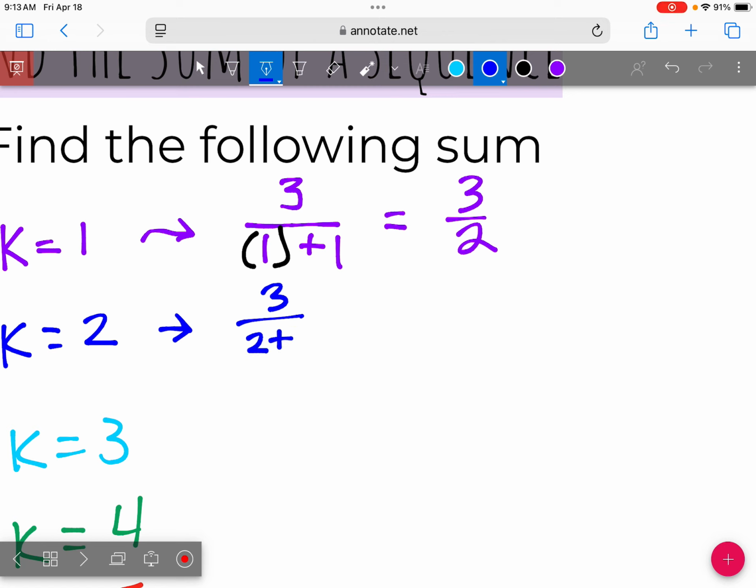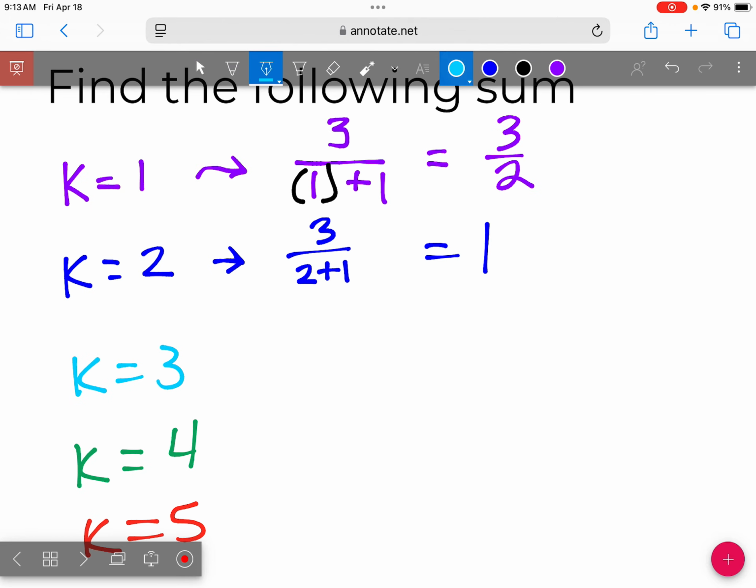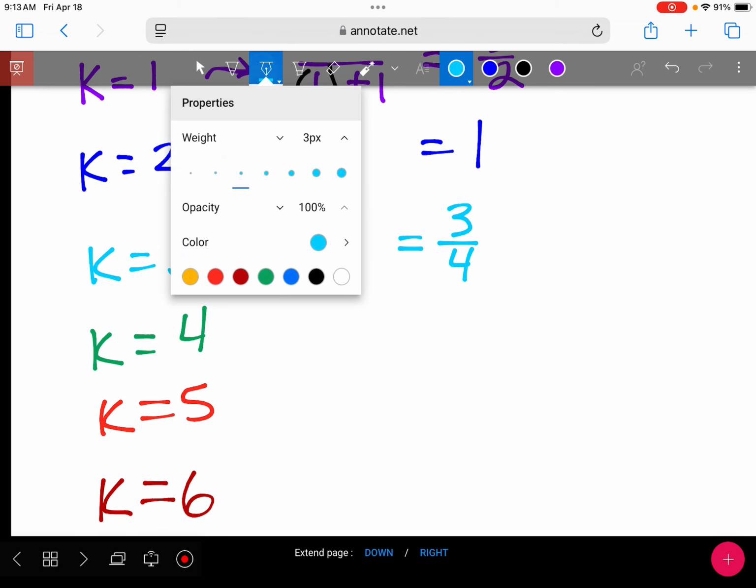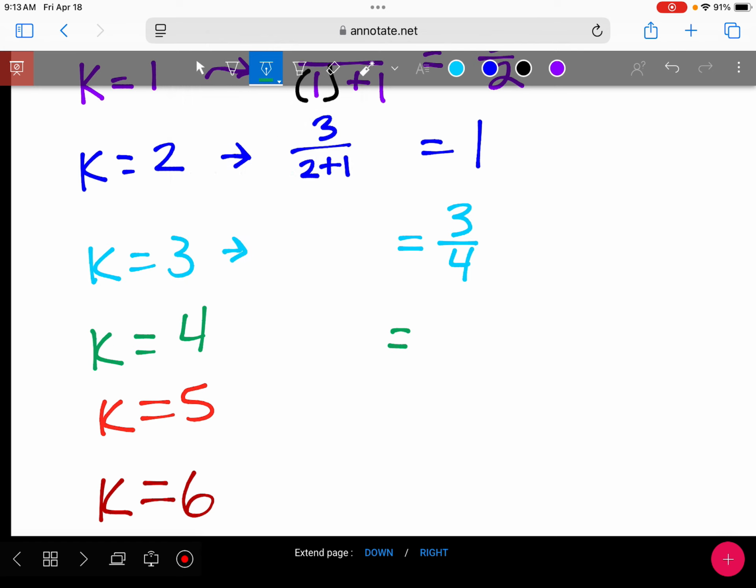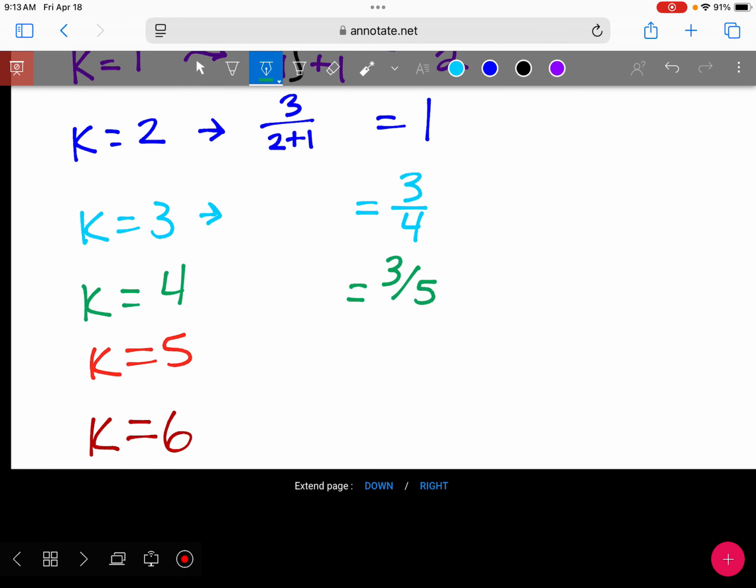Yeah, 3 over 2 plus 1. That's 3 over 3. That gives us 1. How about k of 3? 3/4. K of 4. 3/5.